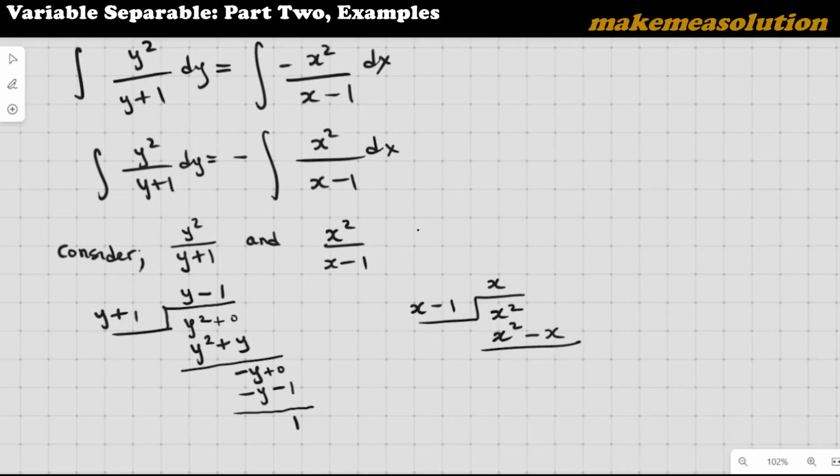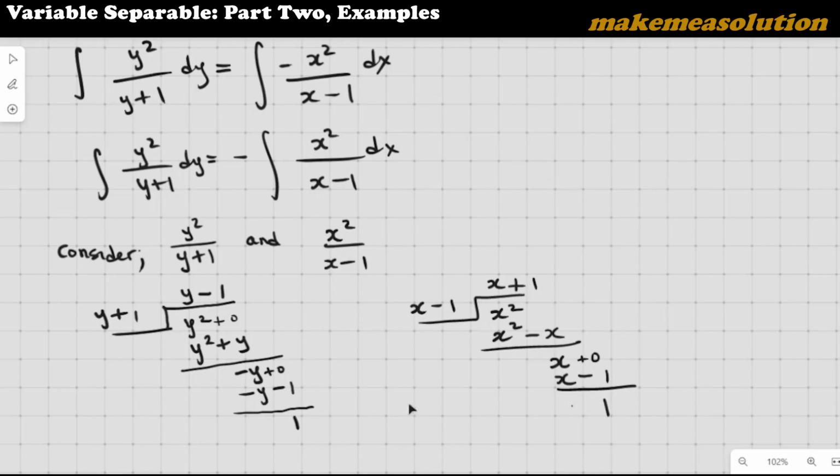So when you subtract x minus x is 0, then 0 minus minus x is x. So x into x is 1, and finally 1 times x is x, 1 times minus 1 is minus 1, so that x minus x is 0, then 0 minus minus 1 is actually 1.